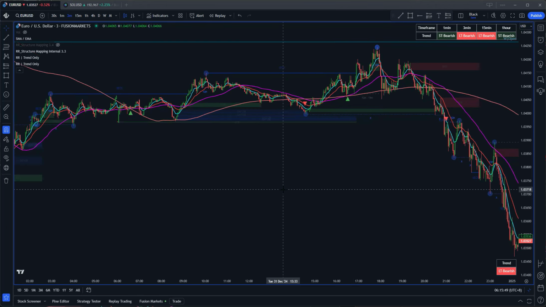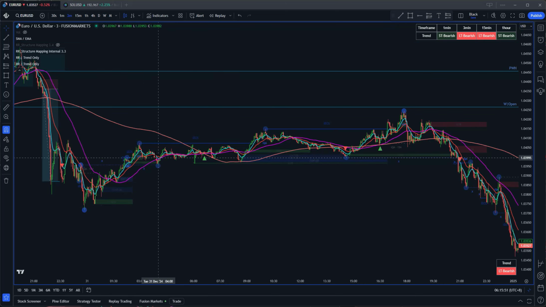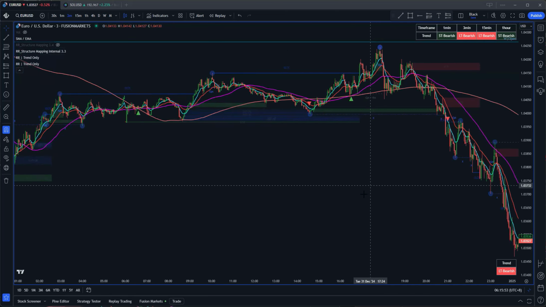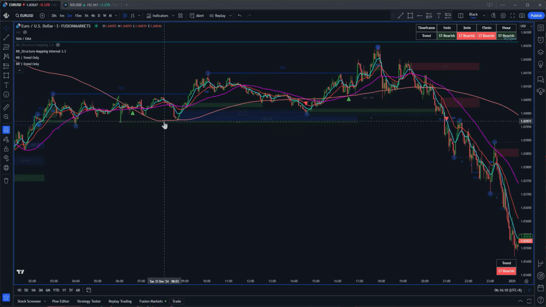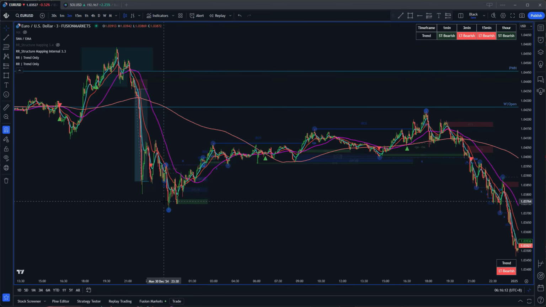Where is our strong low? These are our bullish ranges, but this is the strong low. If before the strong low we turned bearish, then we are expecting that this strong low will be taken out, and subsequently this low will also be taken out.